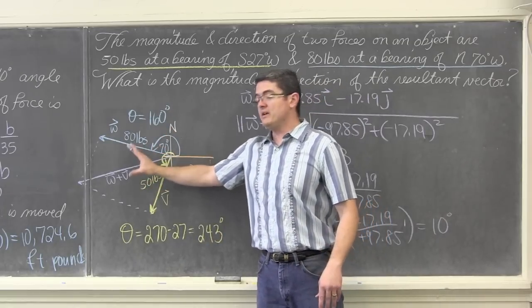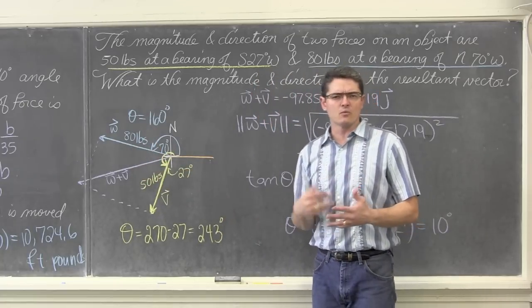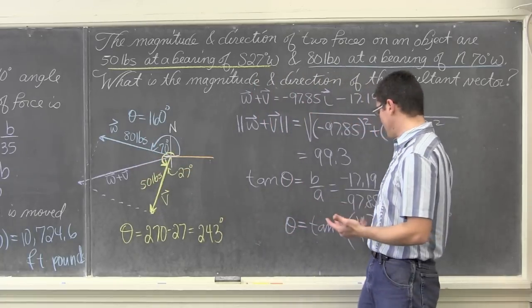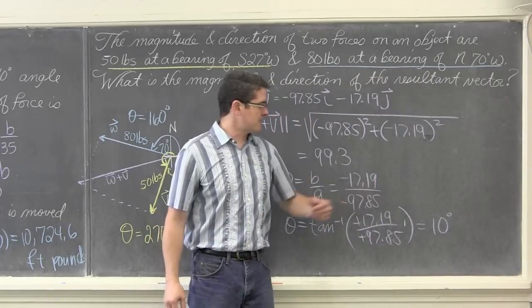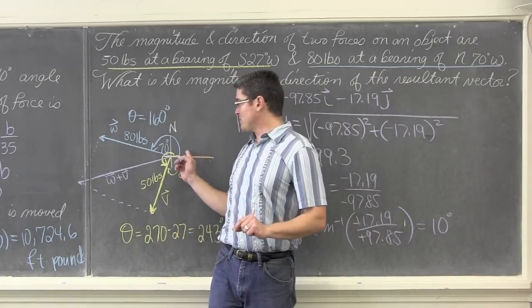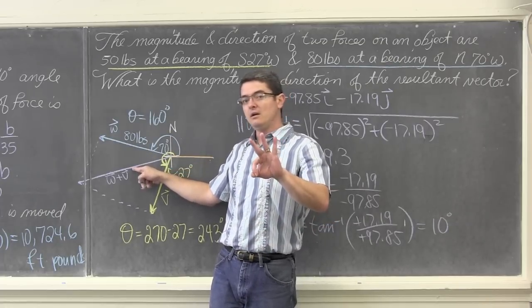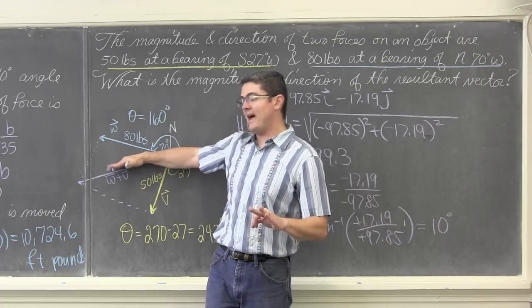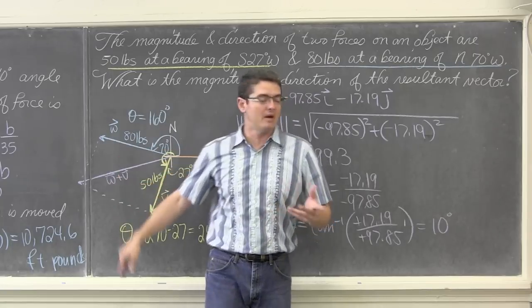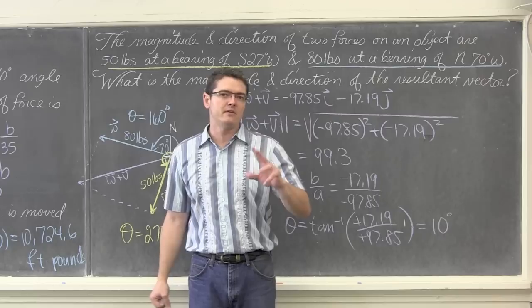So again, the drawings are important because they not only let you verify your numbers for reasonableness as you go along, but now you're like, okay, the calculator said it was a 10-degree direction, but 10 degrees would be over here in quadrant 1. So since we want to be in quadrant 3, which means we need to be just past 180 degrees, and remember, inverse tangent will give you a reference angle. If it has a negative, you can just drop it.